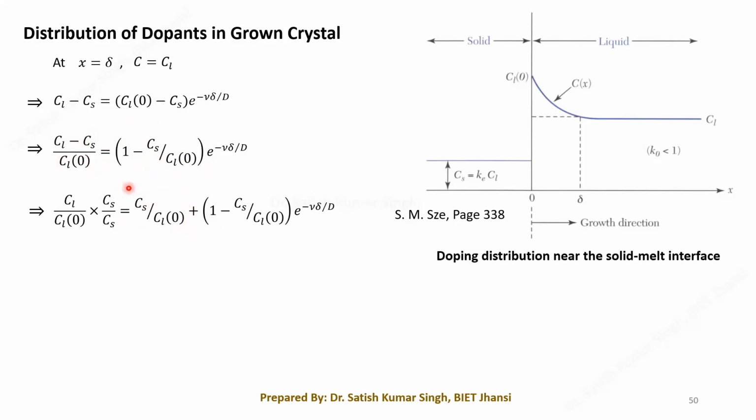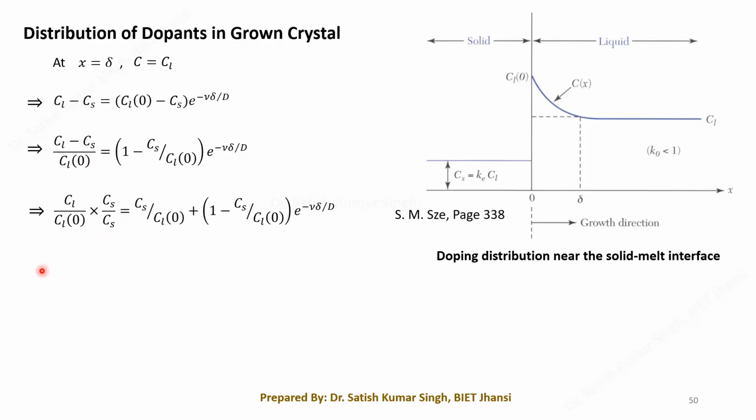So I have written here CL upon CL naught, CS upon CL naught, and then plus this term. Then with this CL upon CL naught, I am multiplying and dividing by CS upon CS.